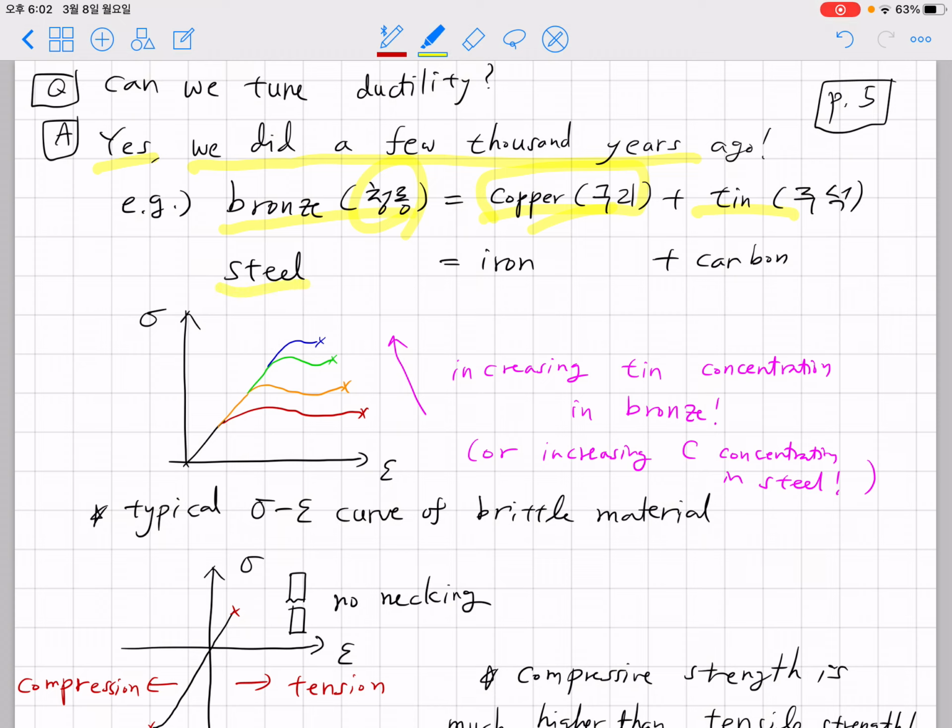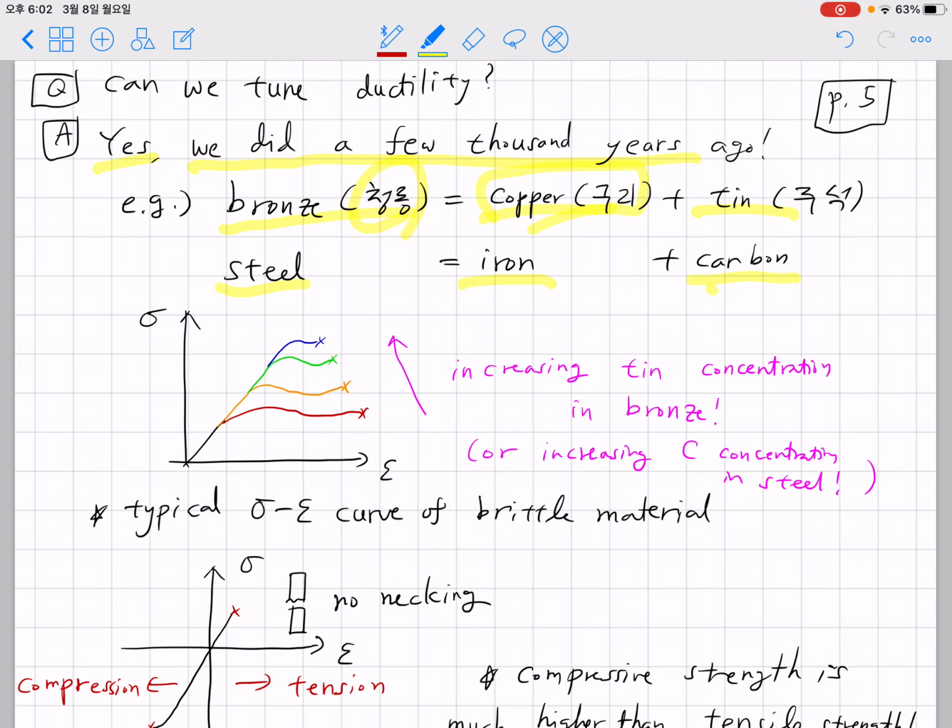And regarding steel, steel is not 100% iron. In addition to iron, you have to mix carbon atoms as a major mixing element. In addition to carbon, you mix silicon and vanadium and other alloying elements.